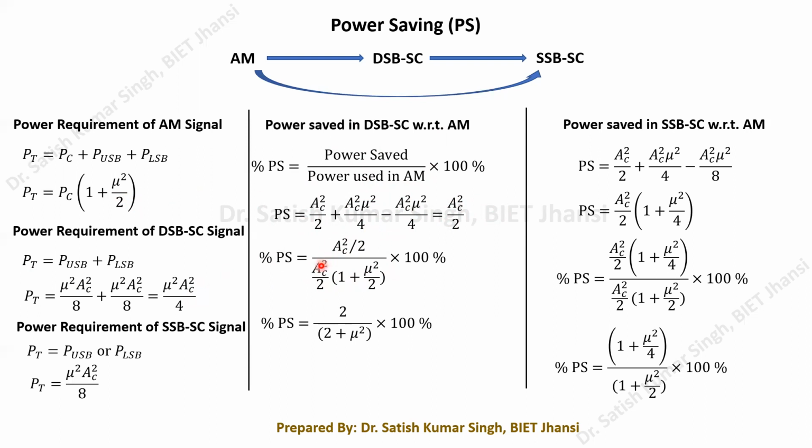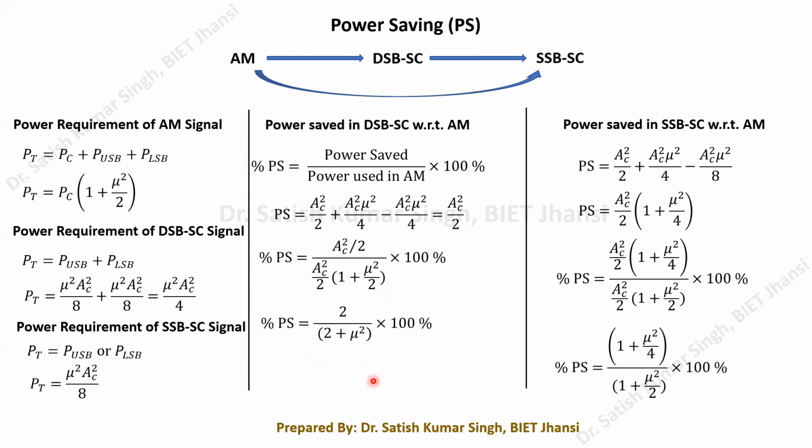We can cancel out the AC square by 2 term and multiply by a factor of 2. So ultimately, the percentage power saving when we move from AM to DSBSC equals 2 upon 2 plus mu square, multiplied by 100%.